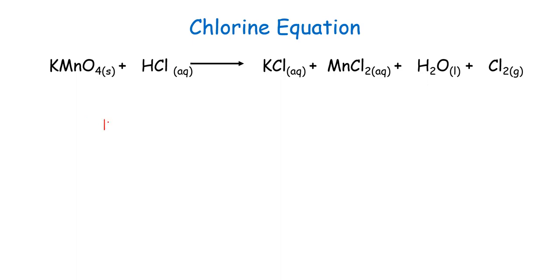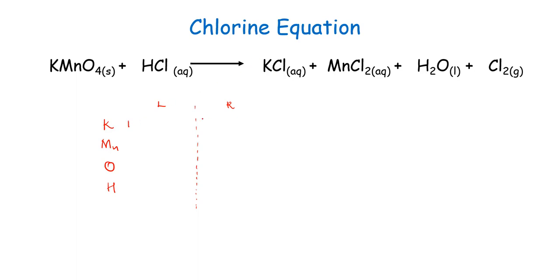So let us see how we are going to deal with it. We have potassium, manganese, oxygen, and hydrogen. We have to ensure that the left hand side of the arrow is equal to the right hand side. We want to ensure that these elements have an equal number of atoms. For example, potassium on the left hand side we have 1, and on the right hand side we also have 1, so potassium is balanced.